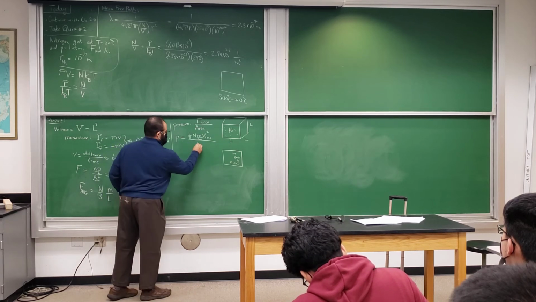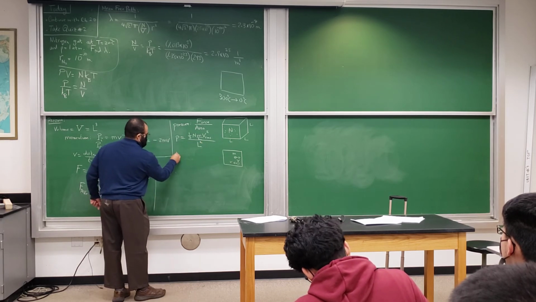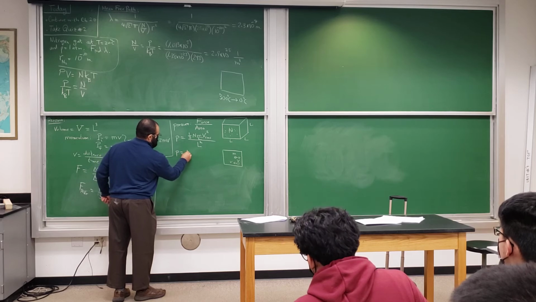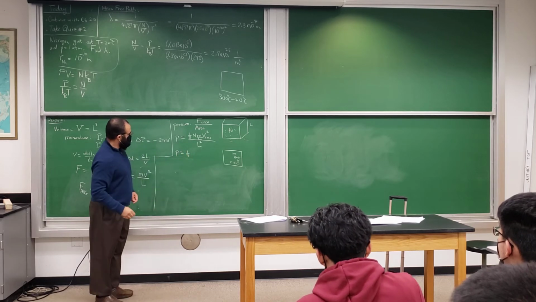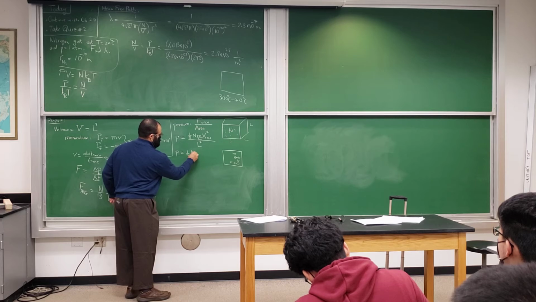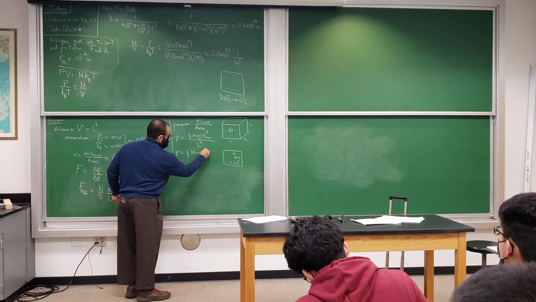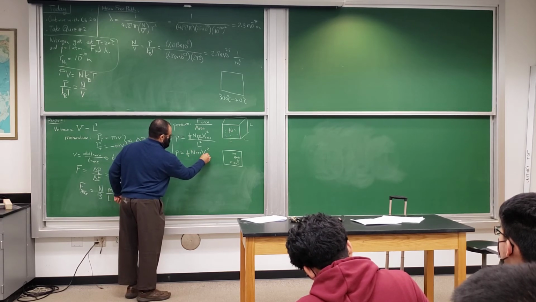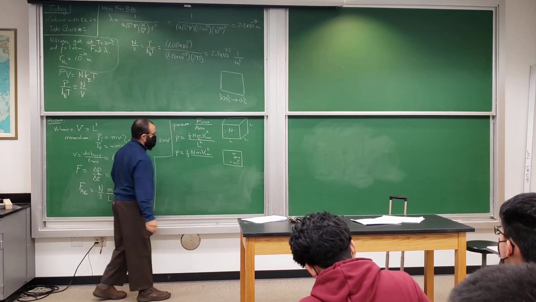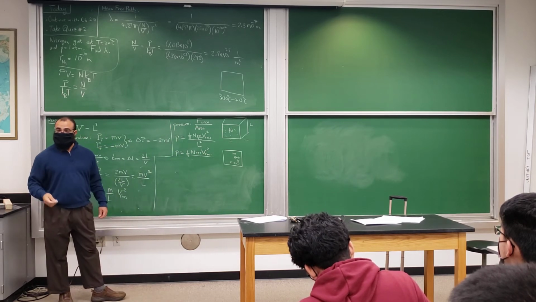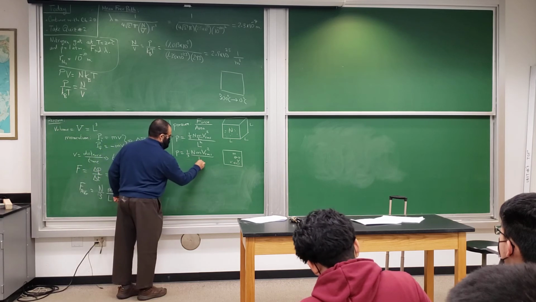L squared, yes. So we end up with P is equal to 1/3 N M V squared over what? L cubed. L cubed, yeah.